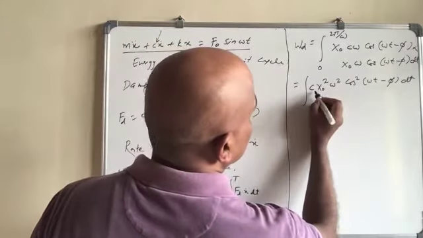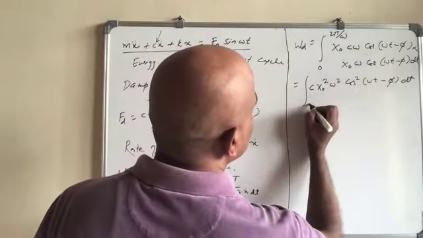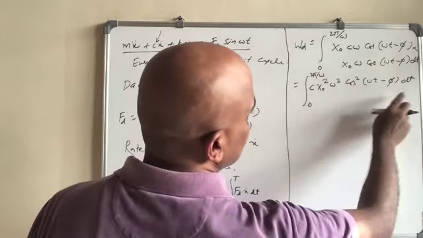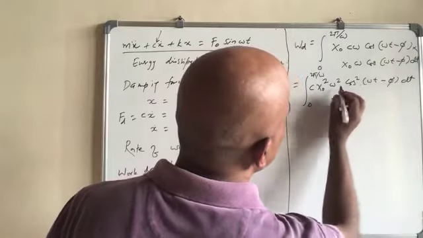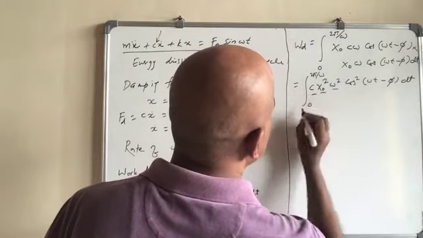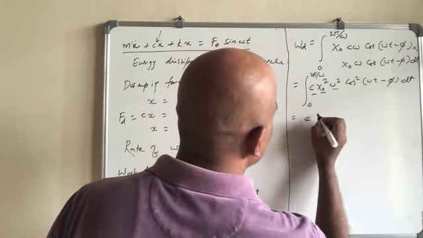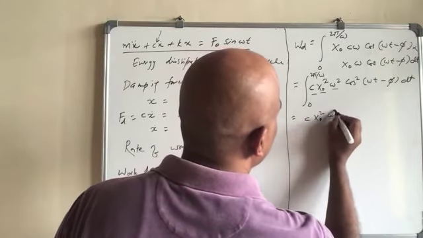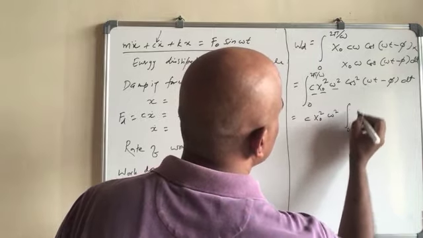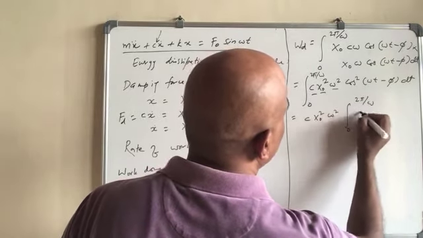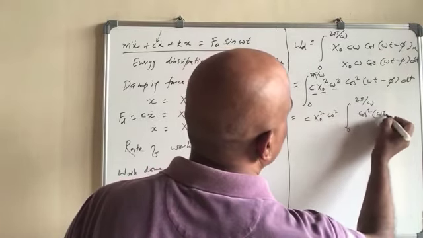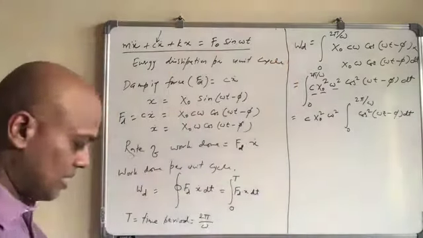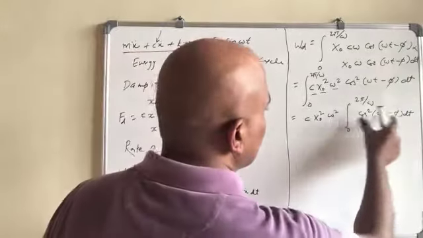Now this is from 0 to 2 pi over omega. This is integration with respect to t, so these terms are constant, so we bring them outside: c x naught square omega square, and then the integral from 0 to 2 pi over omega of cos square omega t minus phi dt. Then we have to integrate this.